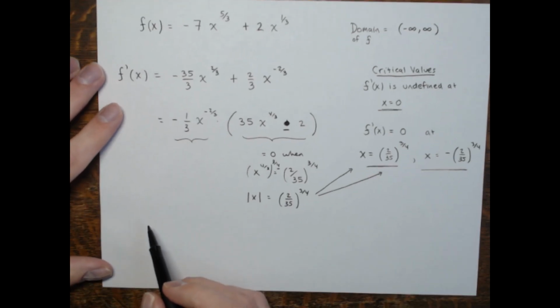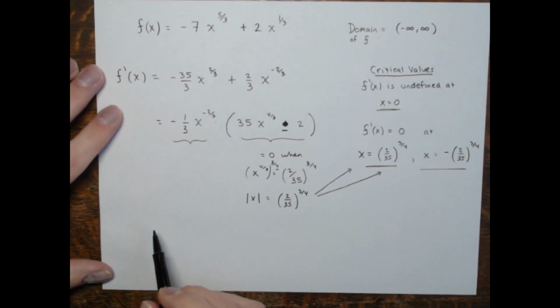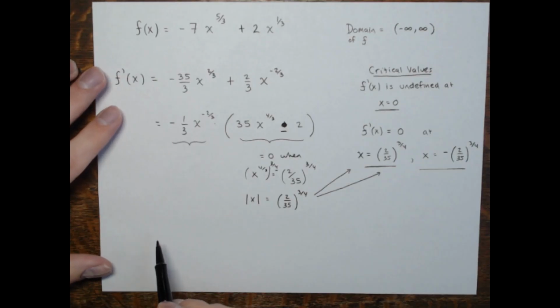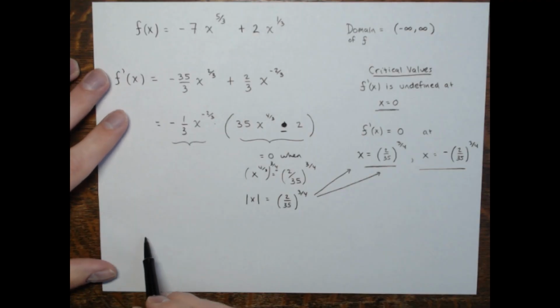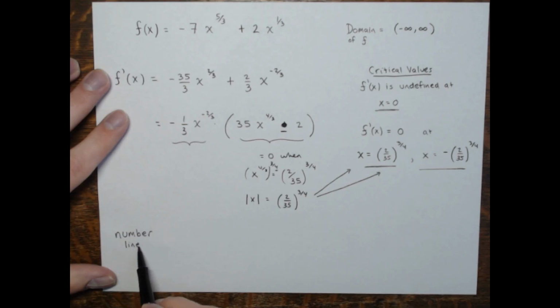So what we're going to try to determine is where the local maxima occur. So I make a little number line for the derivative. Make a number line for f prime. So here's a number line, possible values of x.